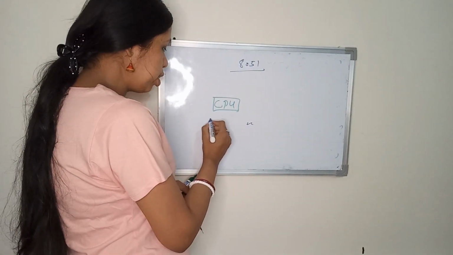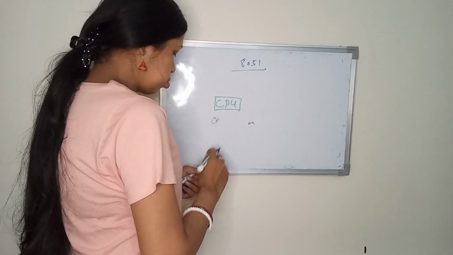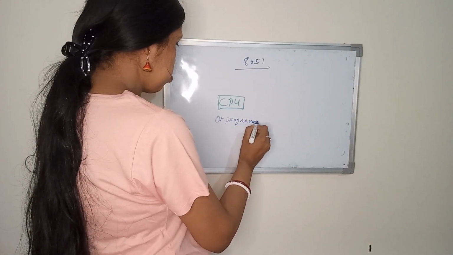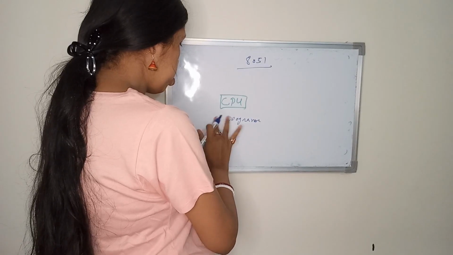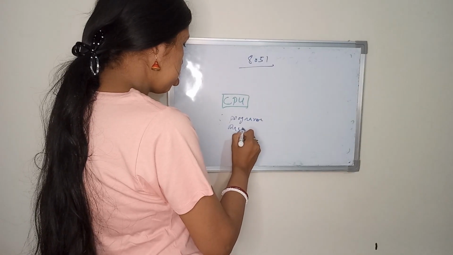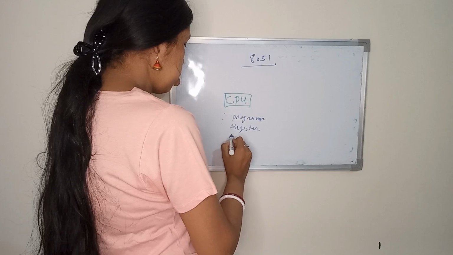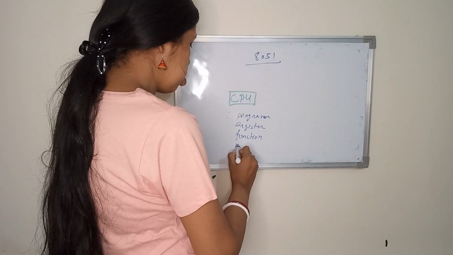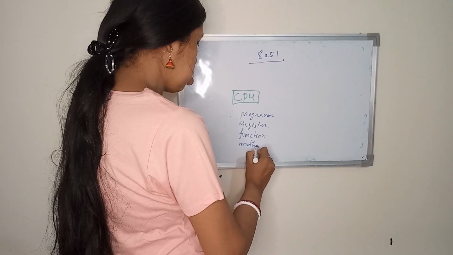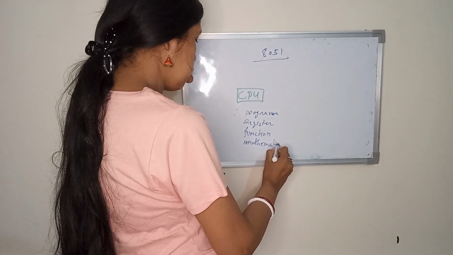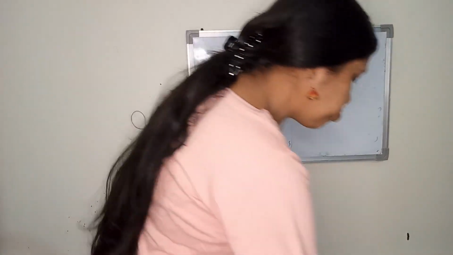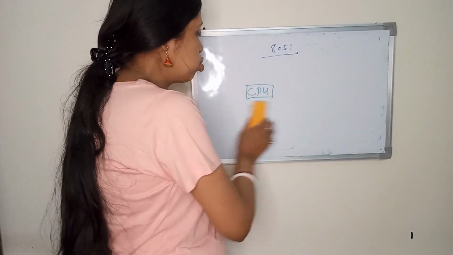I'm writing here: it can run programs, it has registers, and it does different mathematical functions. This can be done by the CPU only, right?